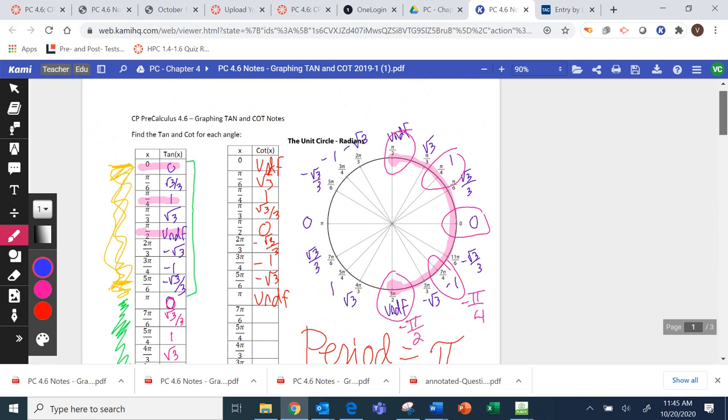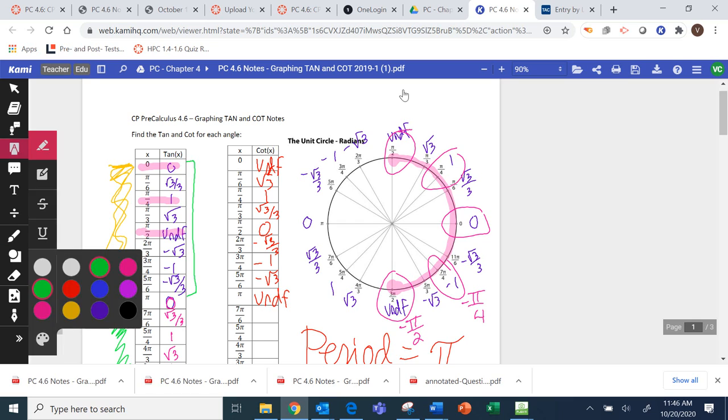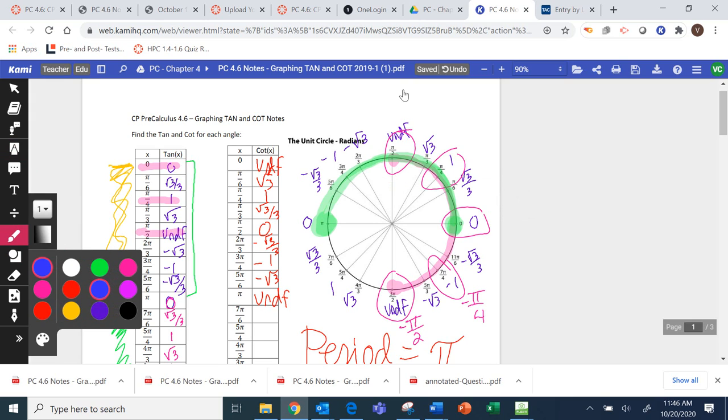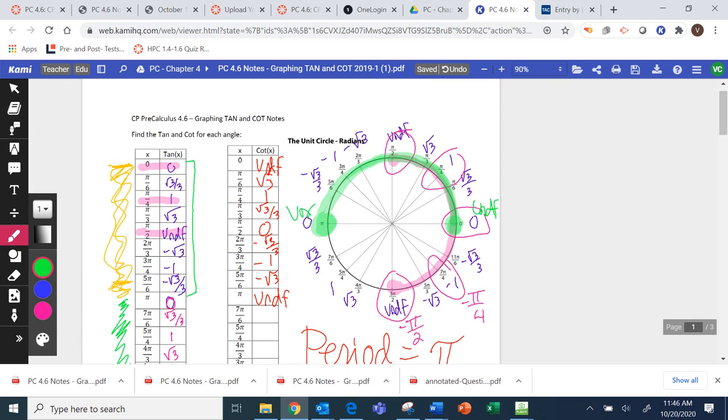I'm going to go back to this picture right here. For cotangent, I'm going to use, bright green. Now I only wrote tangent around there. But for cotangent, just to show you, I'm going to use starting at 0 and going to pi, because when I write the actual cotangent values in here, it will be starting at undefined, ending at undefined.